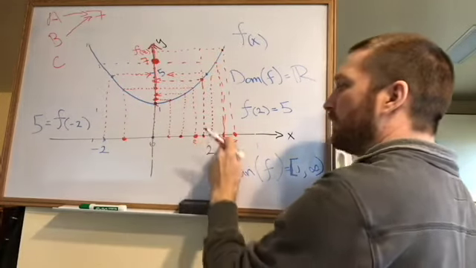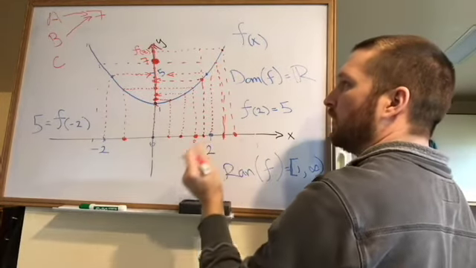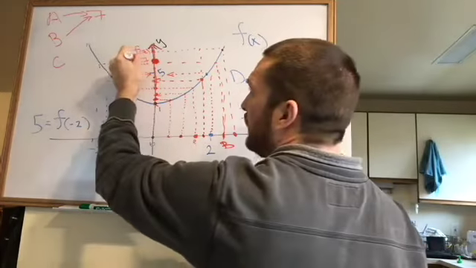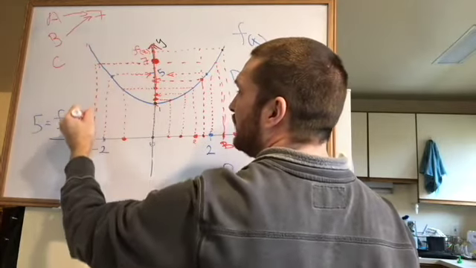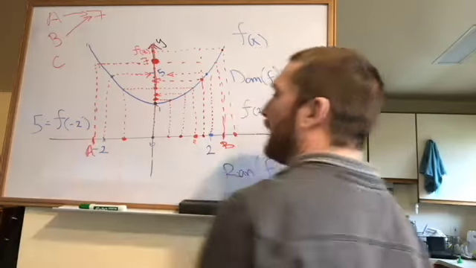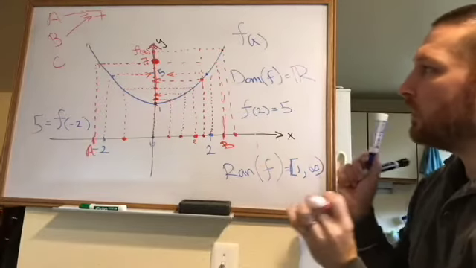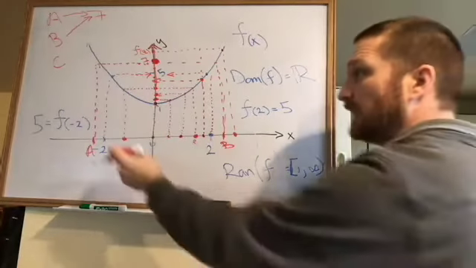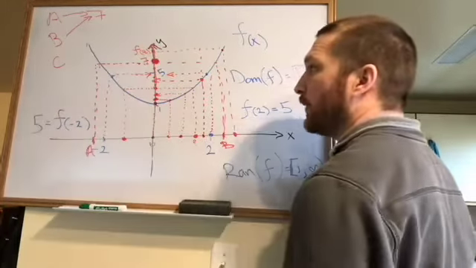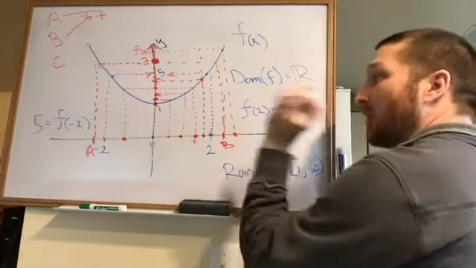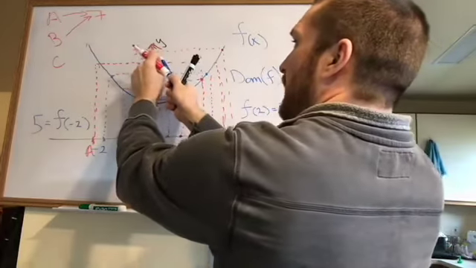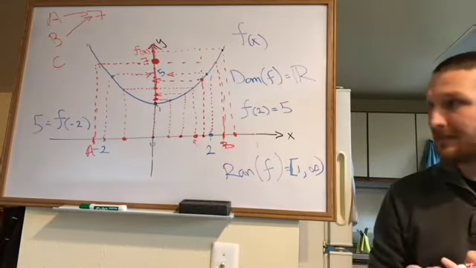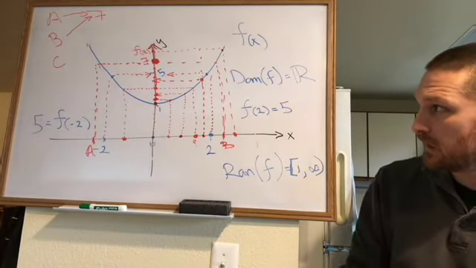It either came from this number, which we'll call B, or it could have come from this number here, which we'll call A. So while the forward F that I've drawn right here is a function, because for any one of these inputs we get one output, we can see that there are outputs that came from more than one input. So the inverse is not a function.